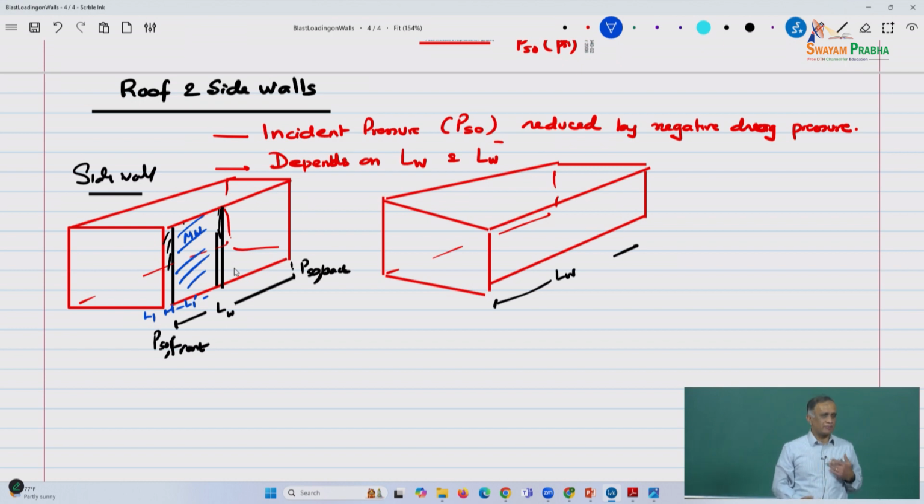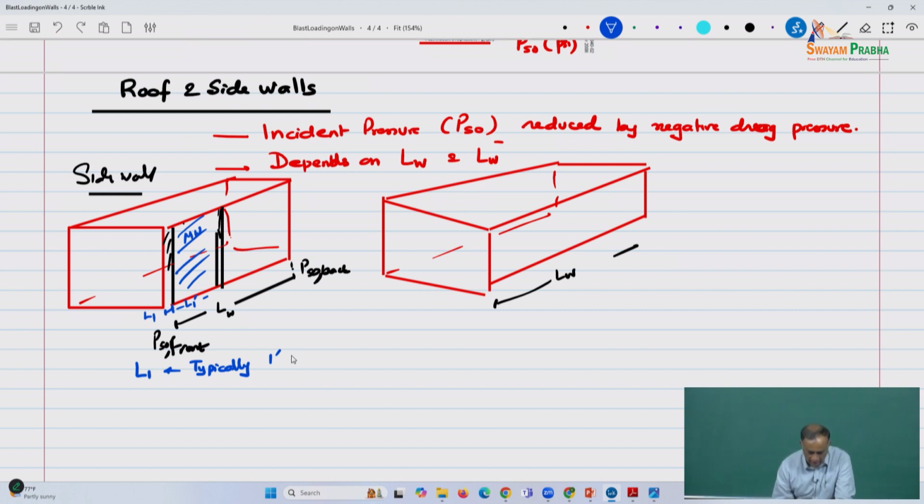You probably will design your columns for one pressure. You're not going to design each column differently. You might take the worst. So if you're designing a column, or if it is just a full wall, this is your choice. L1 is typically 1 feet, the first 1 feet, because you'll see later there is a coefficient that depends on the choice of L1.